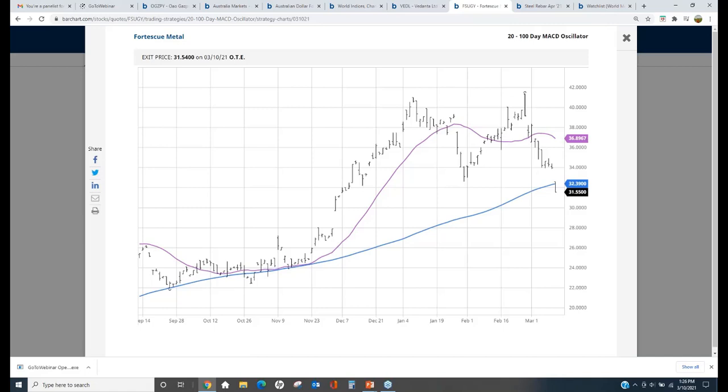This is still a buy signal, but you can see that during October to December it flattened out, and this stock was trading sideways. But I do want to show you that about the beginning of December, the stock started to rise in value again.